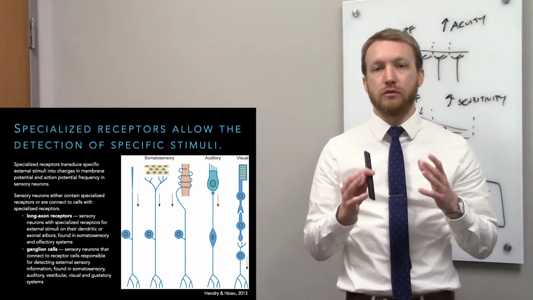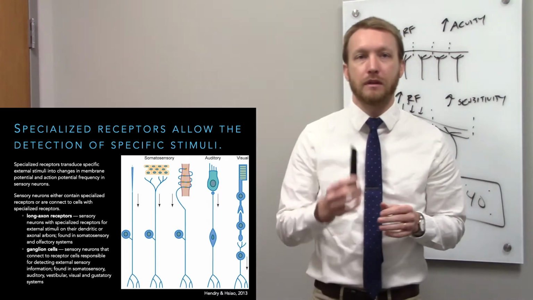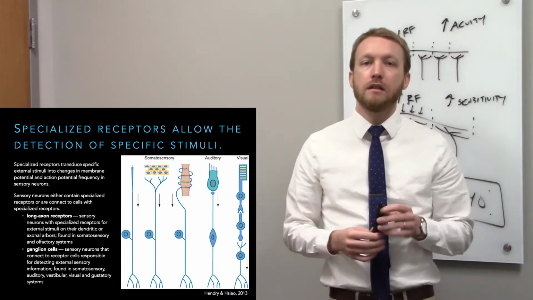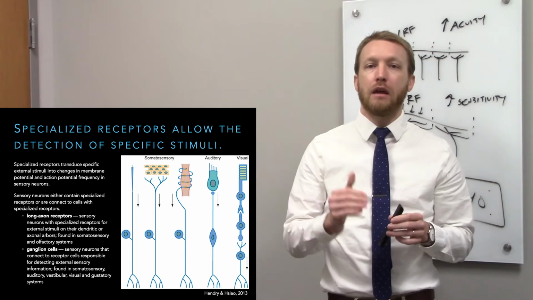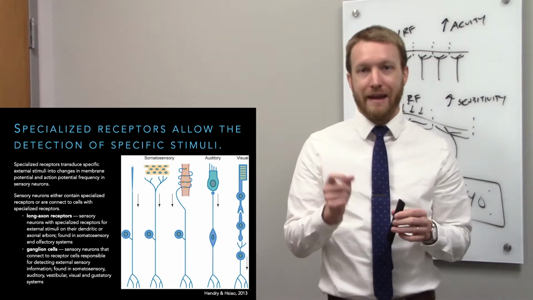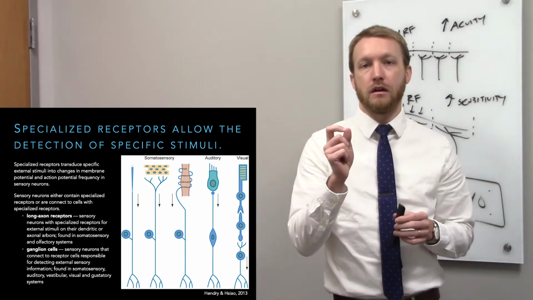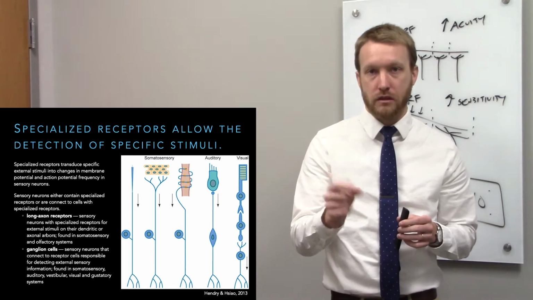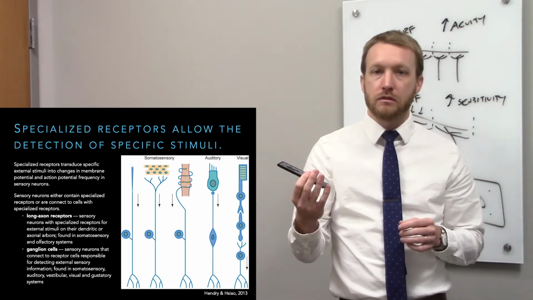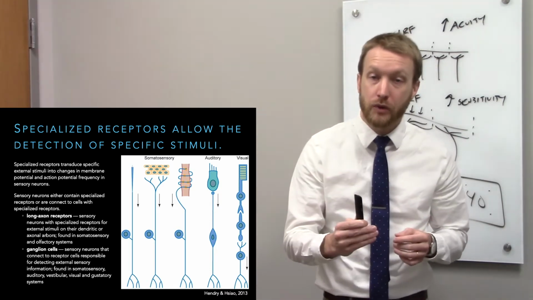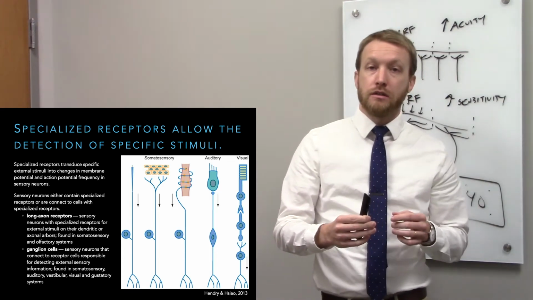As far as the actual visual perceptions, those are going to be from ganglion cells. And ganglion cells are going to be sensory neurons that communicate with some other cell that actually detects the external stimulus. So there will be photoreceptors, then bipolar cells, then retinal ganglion cells.